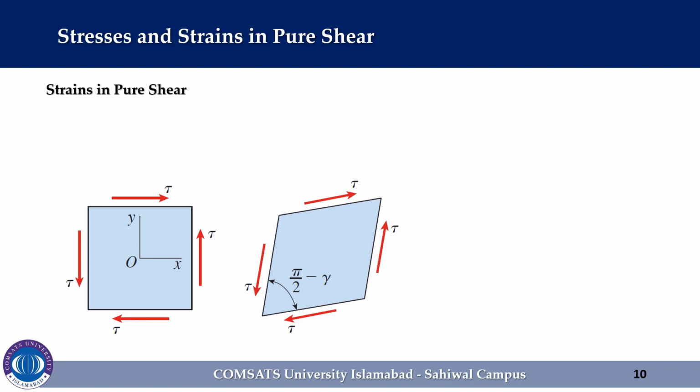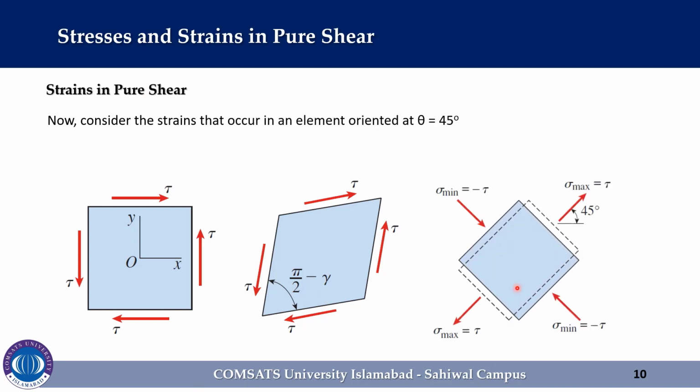Next, we will consider the strains that occur in an element oriented at 45 degrees. The tensile stresses acting at 45 degrees tend to elongate the element in their direction. Because of the Poisson's effect, they also tend to shorten it in the perpendicular direction, the direction where the angle is 135 degrees or minus 45 degrees.